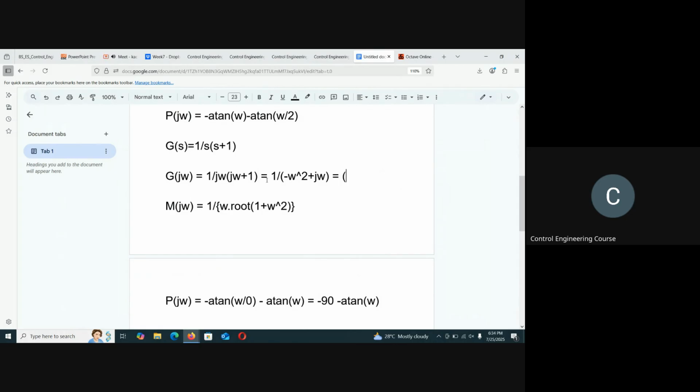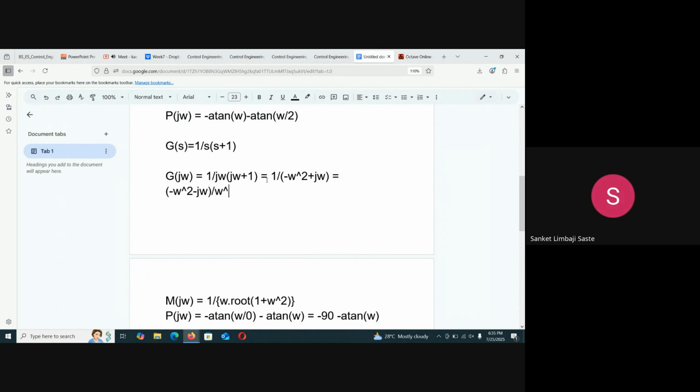You'll get minus omega square plus omega square, divided by, what is a complex number into its own conjugate? It is omega to the power 4 plus omega square, right?